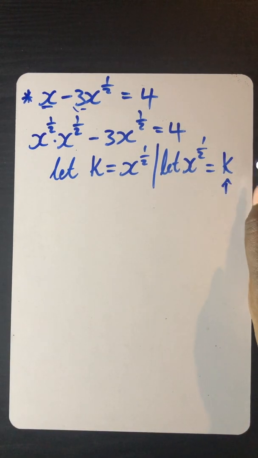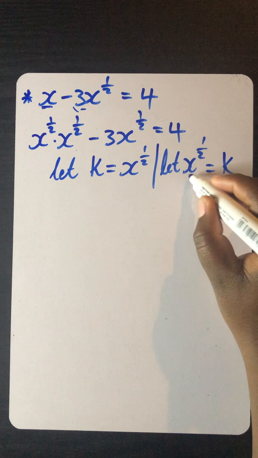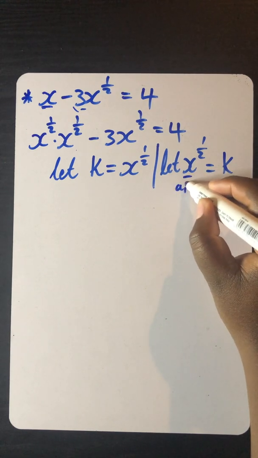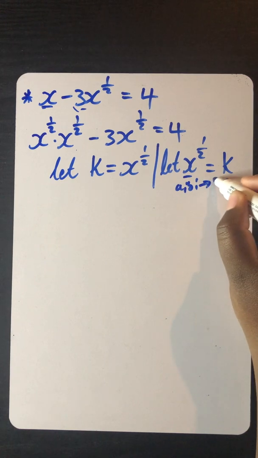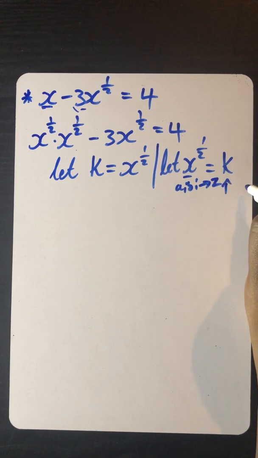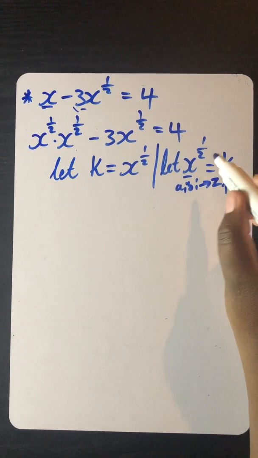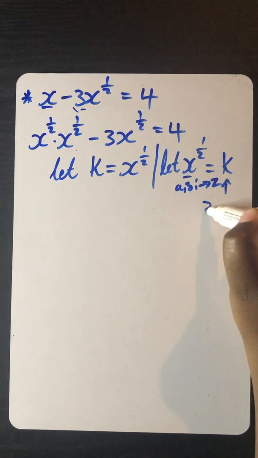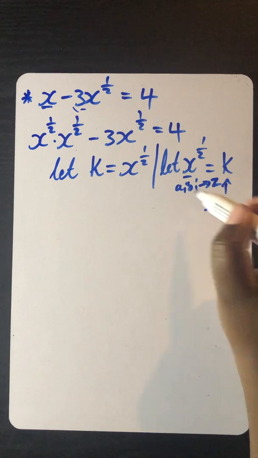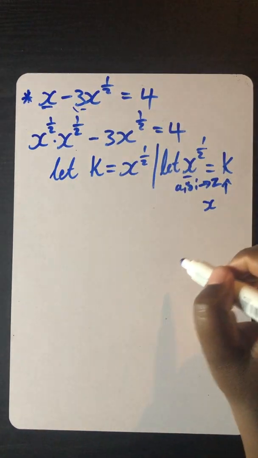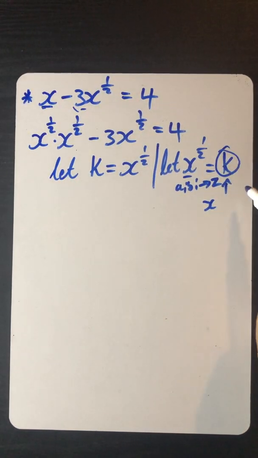You can choose any letter, a or b or c, up to z. Obviously you can't choose x because the letter x is already used in the original equation. But for now let's use k.